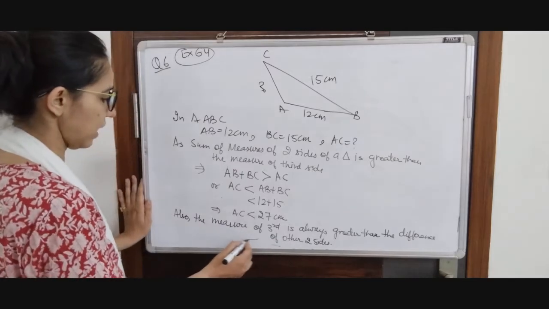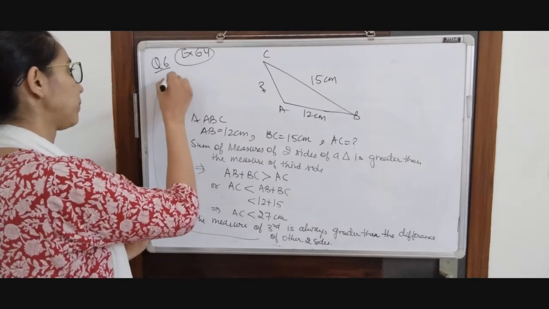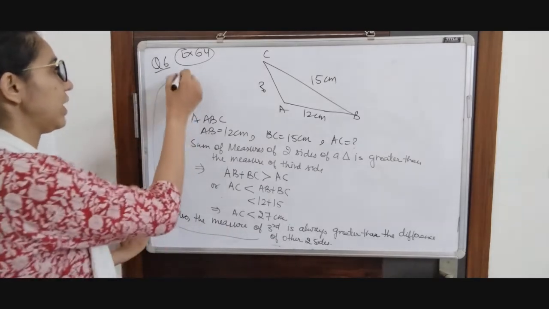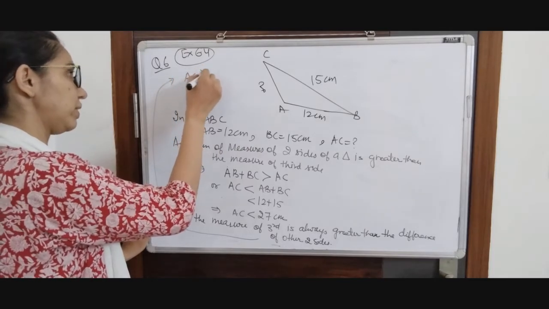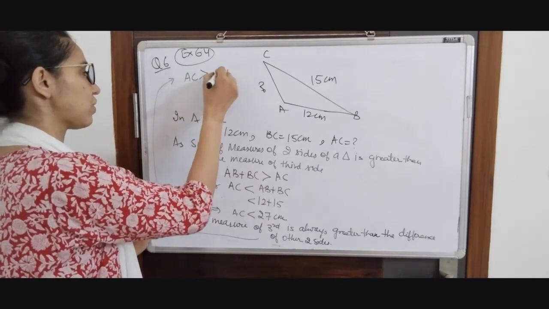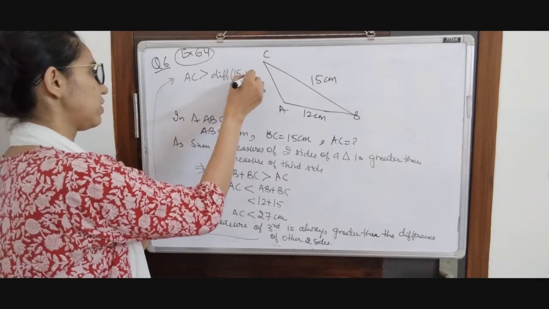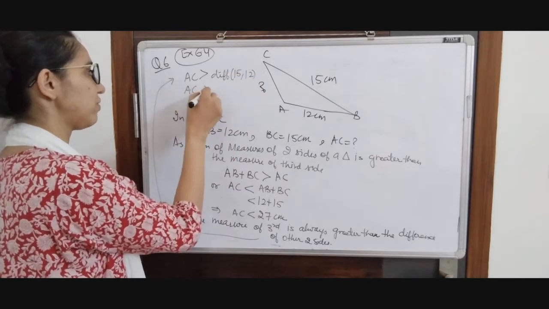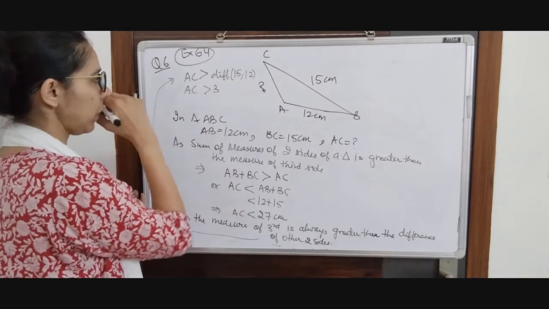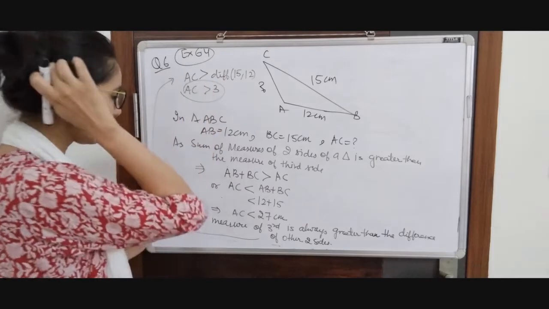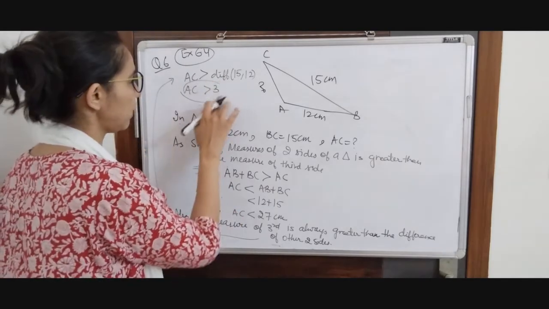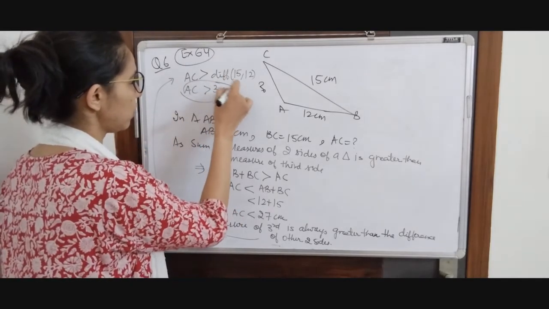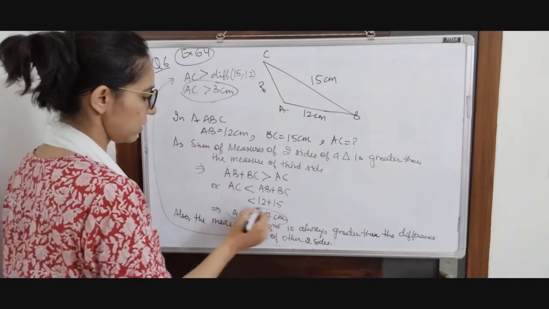It will mean that your AC is going to be greater than the difference of 15 and 12. The difference of 15 and 12 is 3. So it is going to be greater than 3 centimeter, and it is less than 27.